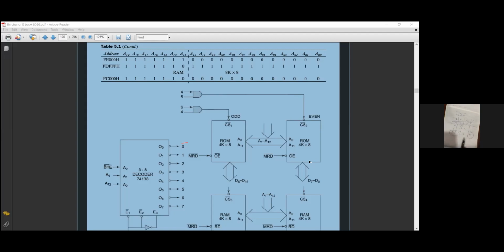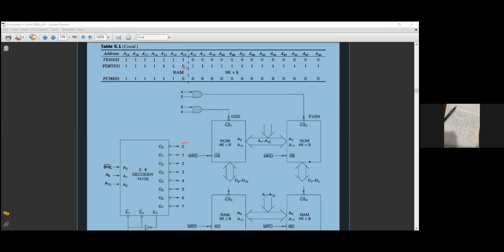If I am talking about the RAM, then what will be the value of A13? The value of A13 for RAM is 0. I have given a mark: 0 over here and 0 over here.